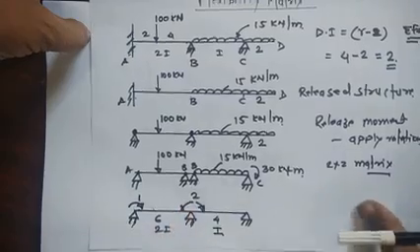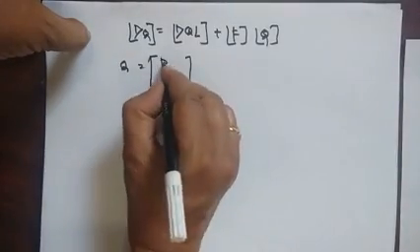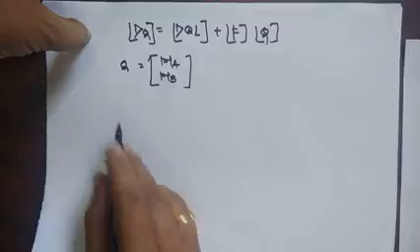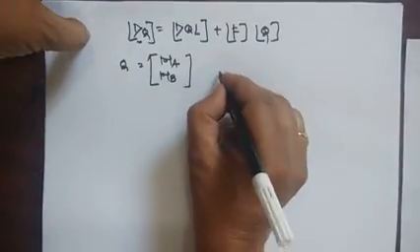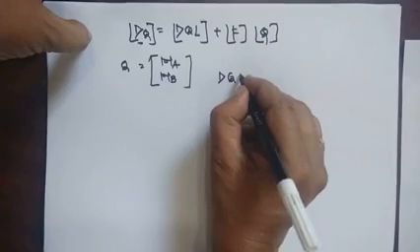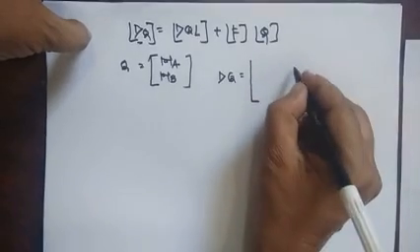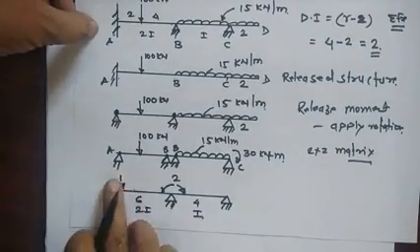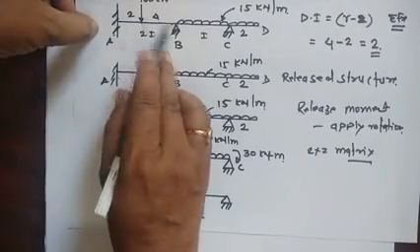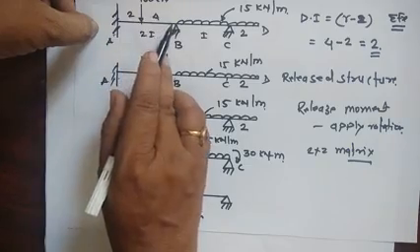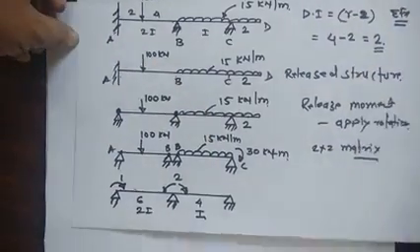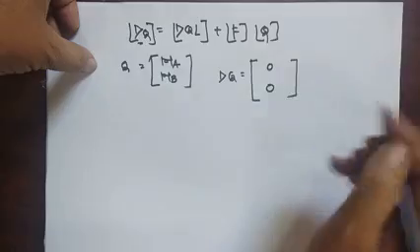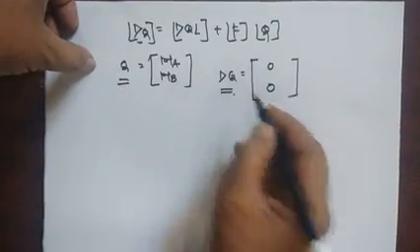So write here MA and MB. Then next is the DQ matrix, that is the initial displacement at the coordinates 1 and 2. There is no initial displacement at coordinate 1 and at 2, so that is why this value is 0 and 0.